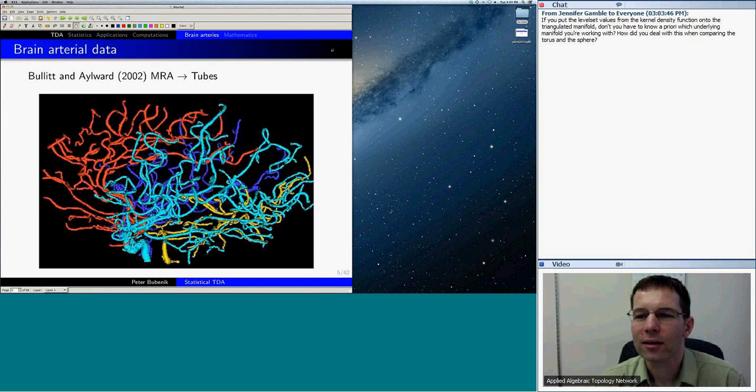From Jen Gamble: if you put values from the kernel density function onto the triangulated manifold, you don't have to know a priori which underlying manifold you're working with. How do you deal with this when comparing the torus and the sphere? So this is a low-dimensional thing, and it relies on knowing the underlying manifold, in this case R3, or a torus sitting in R3.